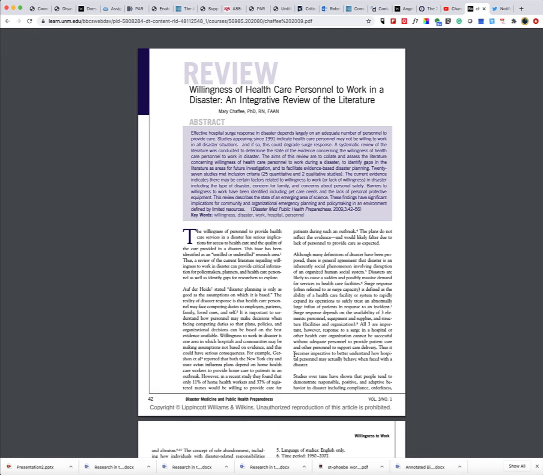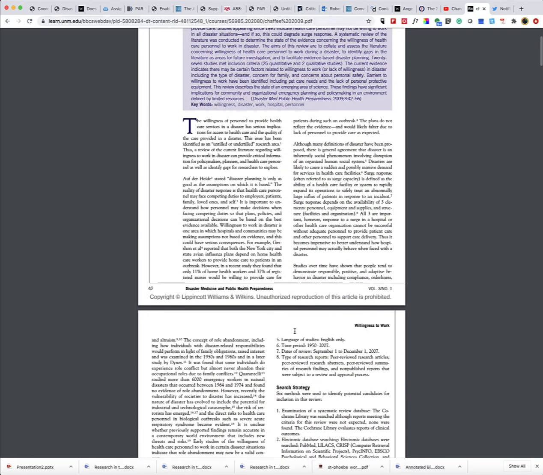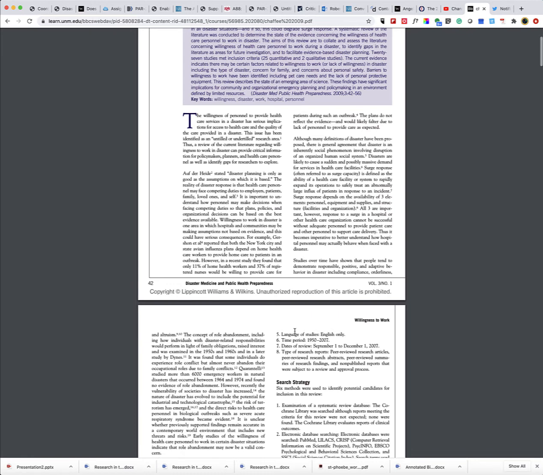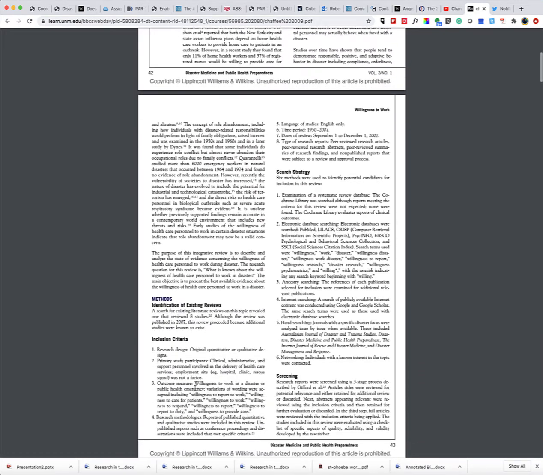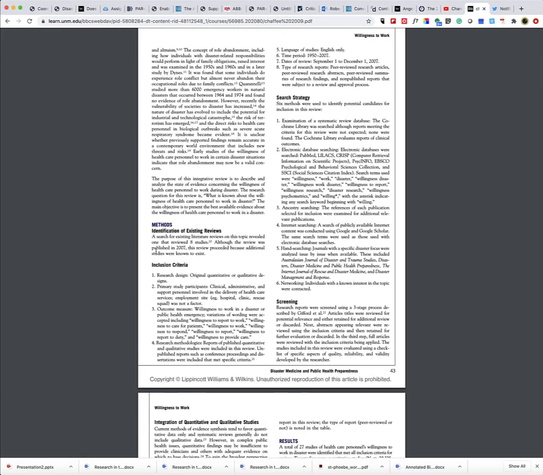This is one of the better integrative reviews of the literature I have seen done by a nurse. And I think that, first of all, it will be related to some of your topics. And second, it shows you a good format. It shows you exactly how she did her methods and how she decided what the inclusion criteria was, the search strategy she used.